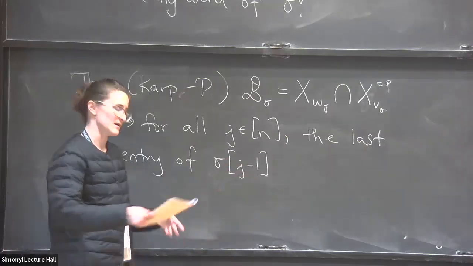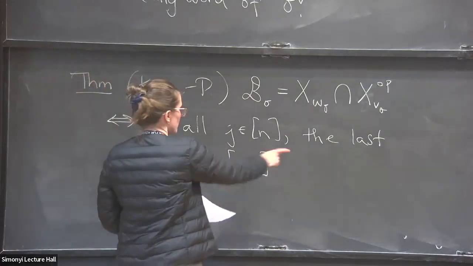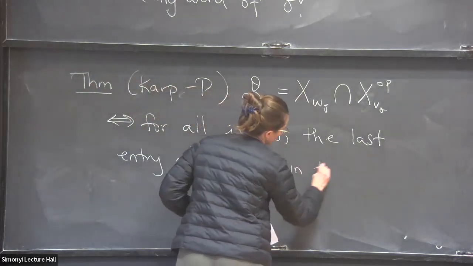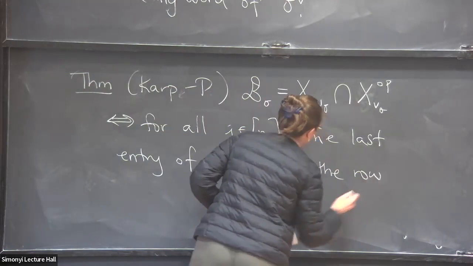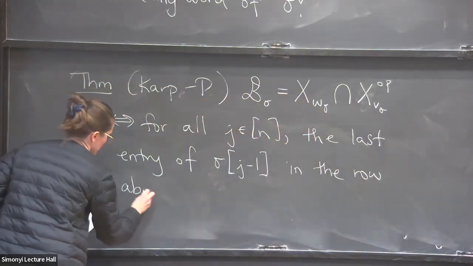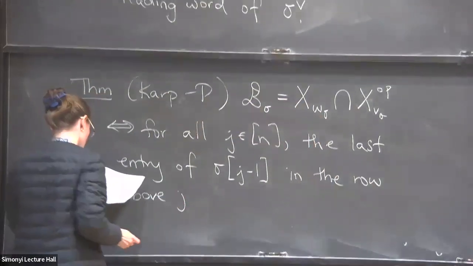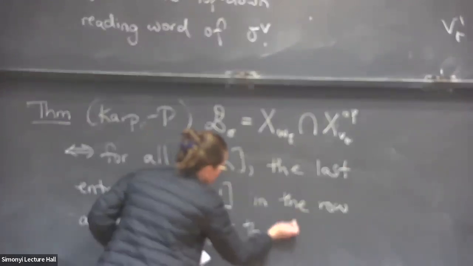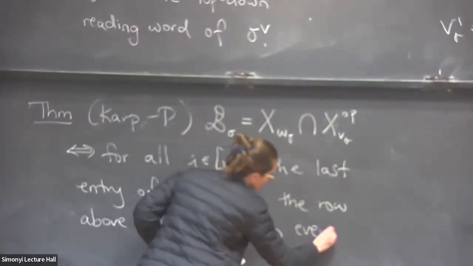There's a sub-tableau I get in that way. So I want the last entry of this tableau in the row above J to be larger than every entry in the rows below.